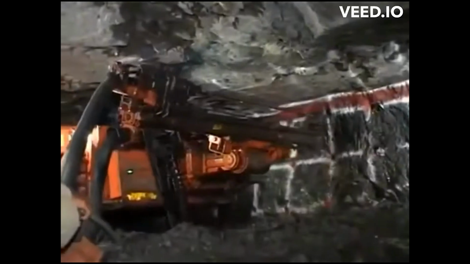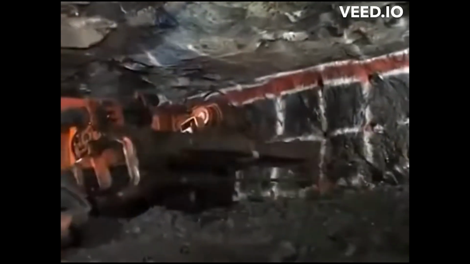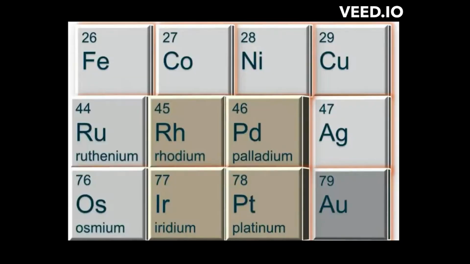These minerals are of immense economic importance and have led to extensive mining activities in the region. Within these layers, various minerals were deposited as the magma cooled and solidified. The Bushveld Complex is particularly famous for its rich deposits of PGEs, as well as other valuable minerals such as chromite, vanadium, and titanium.